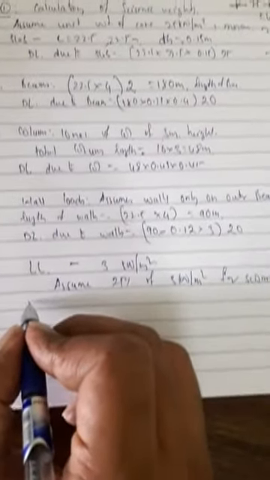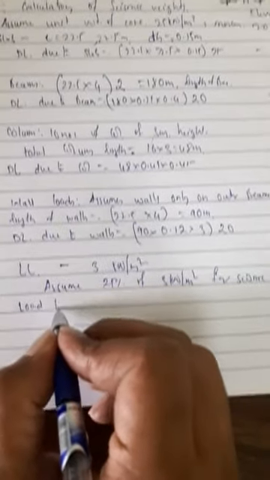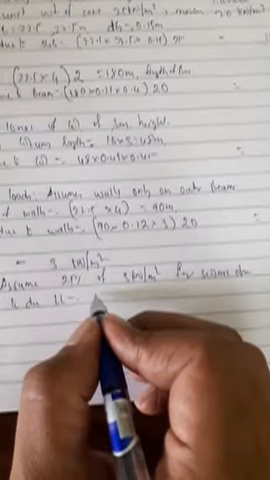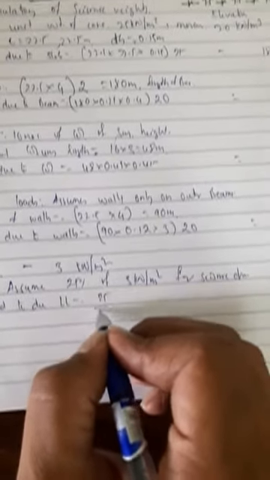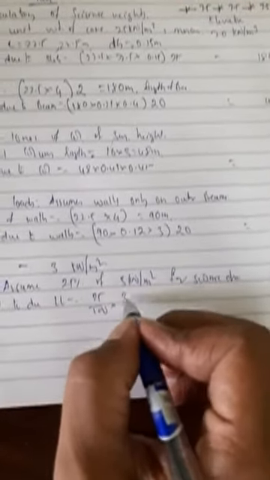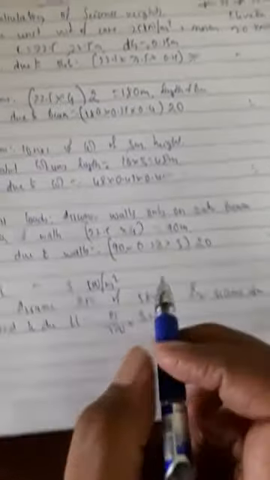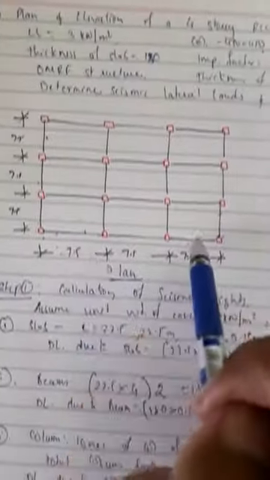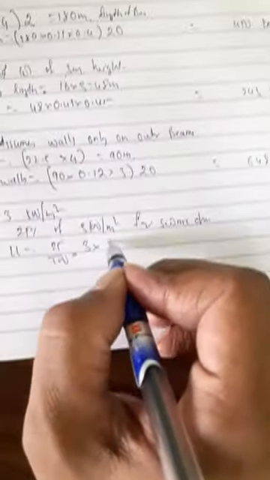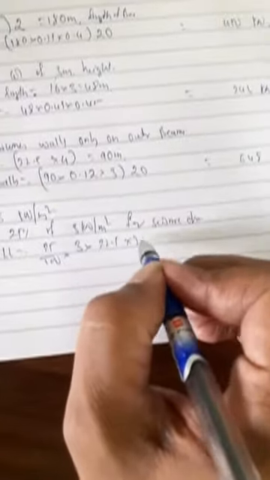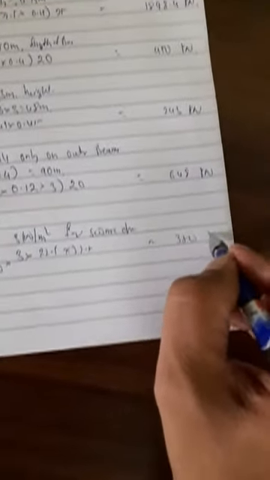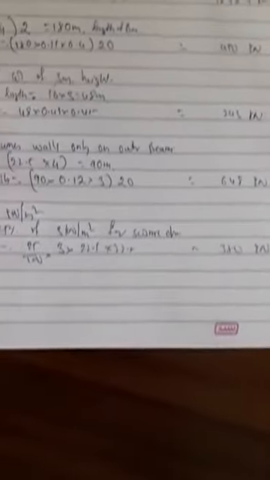So load due to live load is 25 divided by 100 into 3, and this live load is acting over this whole surface, so 22.5 into 22.5. So you get 380 kilonewtons.